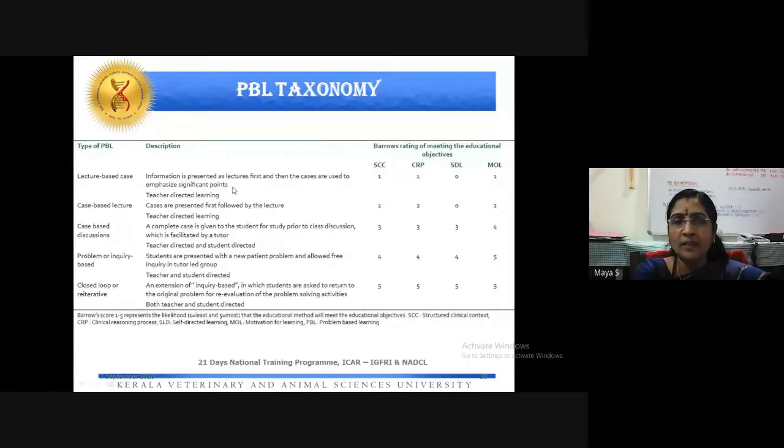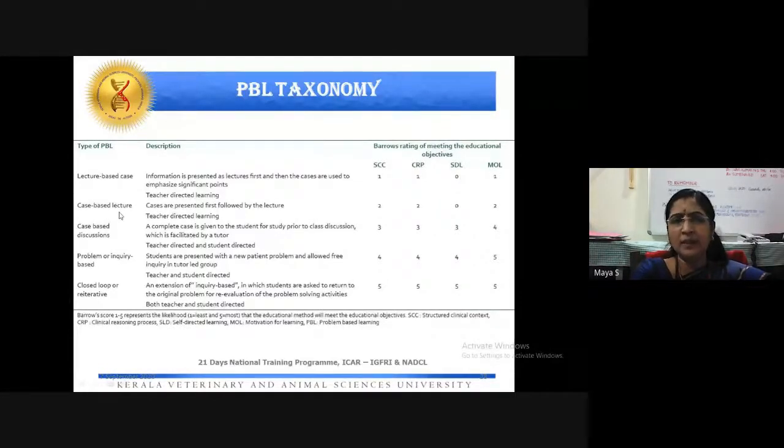So when we implement a lecture-based case, that is when we deliver the lecture first and then go to the problem, see, all these will be at a minimum. The knowledge attained by the students, then critical reasoning process, self-directed learning and motivation will be at the minimum base level. Okay.